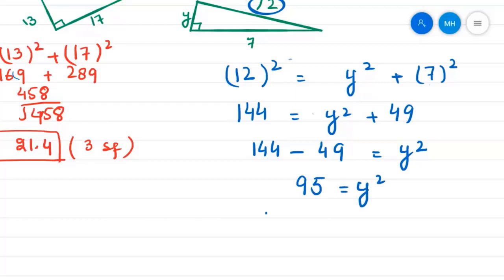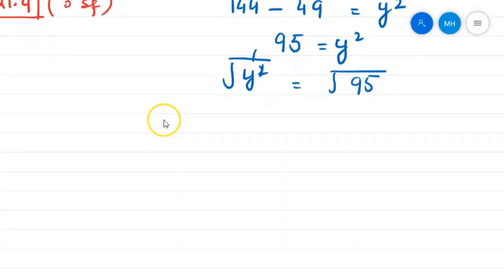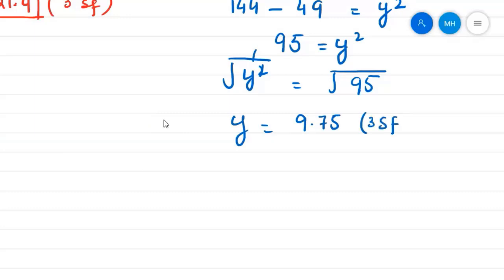Now you have to take the square root on both sides. 95, calculate. Now you have y equals 9.75. Again I am going to write this answer to 3 significant figures. So it's 9.75. Just use this formula to find the unknown length of your right angle triangle.